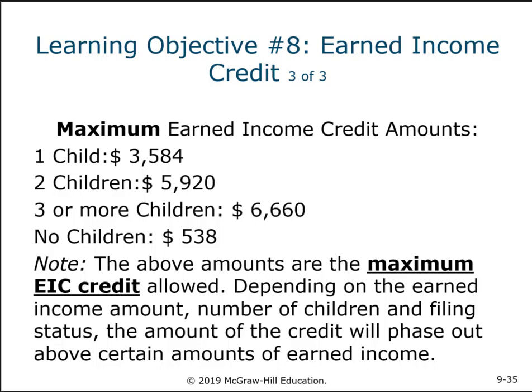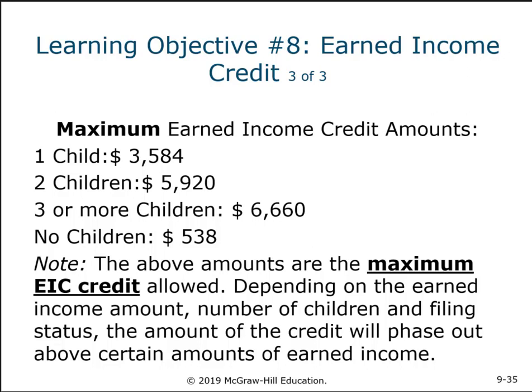But probably the easiest way to find the earned income credit is to use the earned income credit tax tables. Now, there's a formula in your textbook, but I think it's easier, with fewer mistakes, if you just use the EIC tables, which are provided in the textbook. You do look up on those tables two things. You look up AGI and you look up earned income.